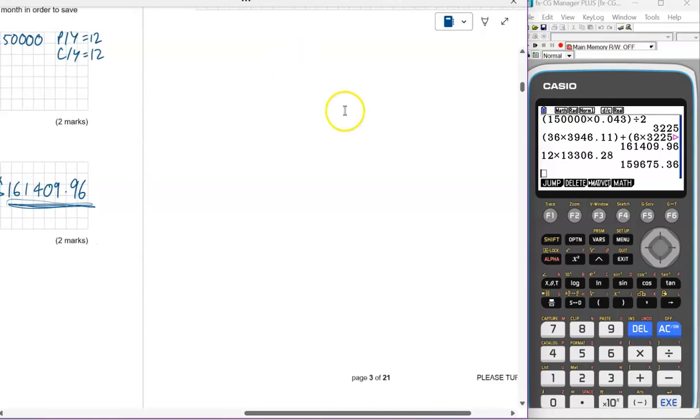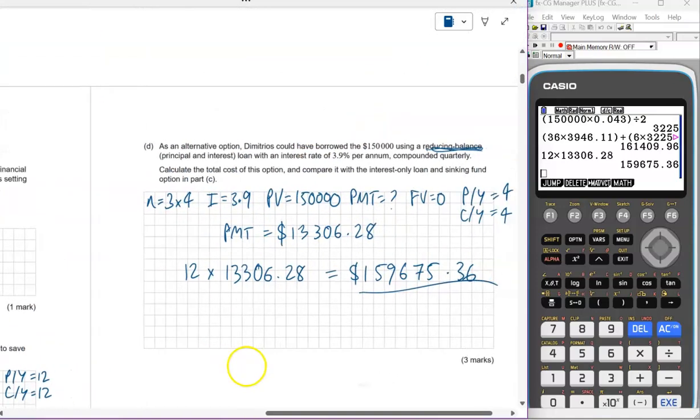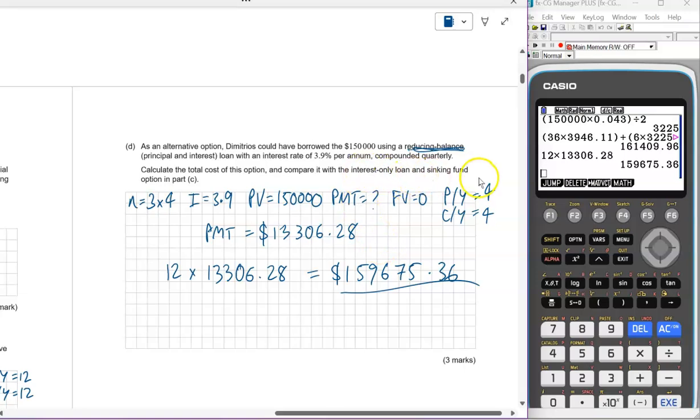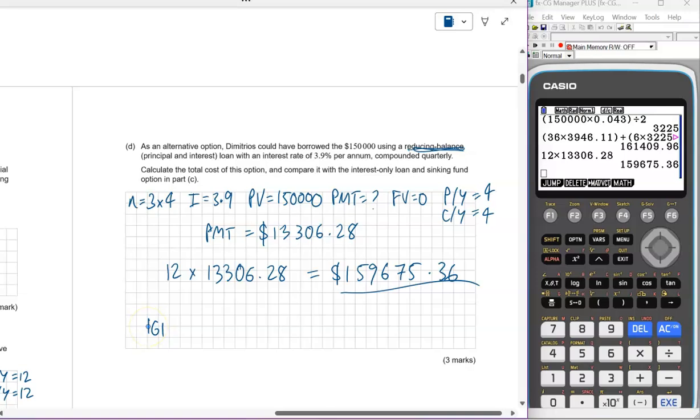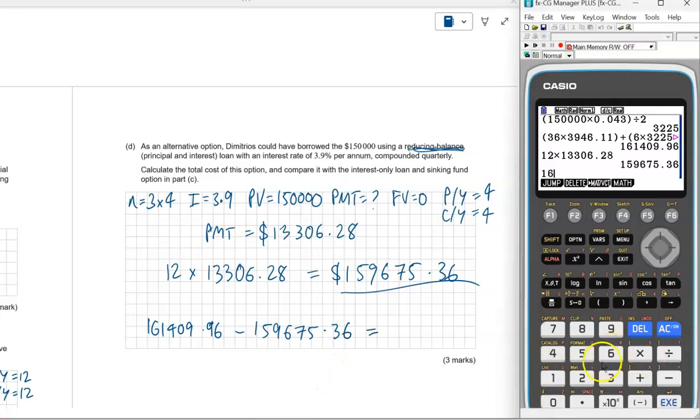Okay, so the last part of the question says compare it to the interest only loan and sinking fund option in part C. So what I'm going to do is I'm going to take the value from the sinking fund option, which was $161,409.96, and subtract the reducing balance option total cost, which is $159,675.36, and that will show me the difference between the two options.